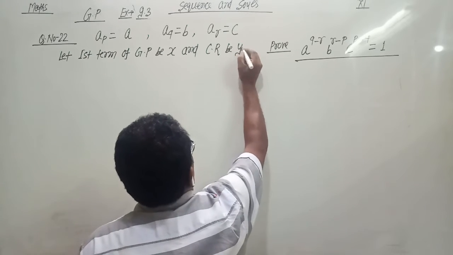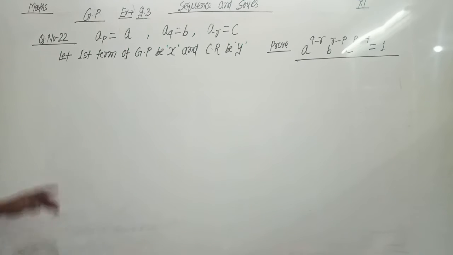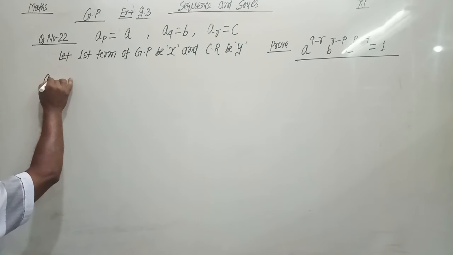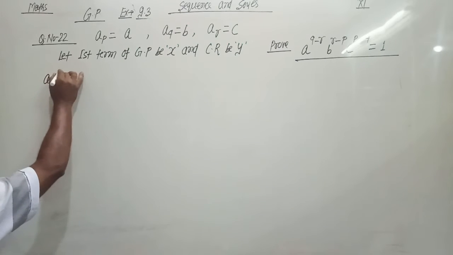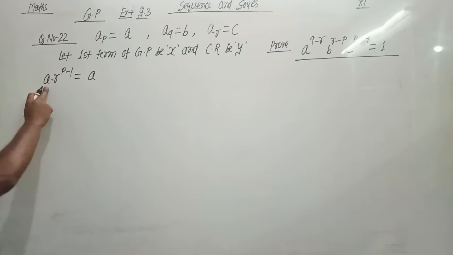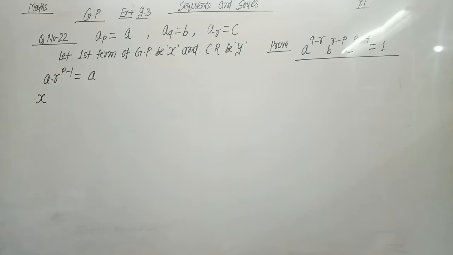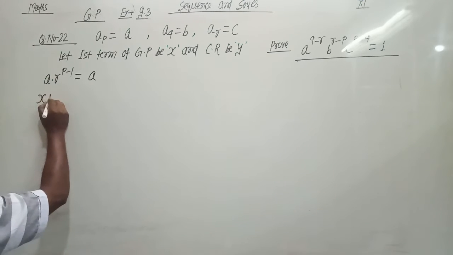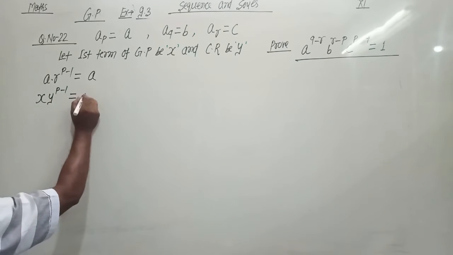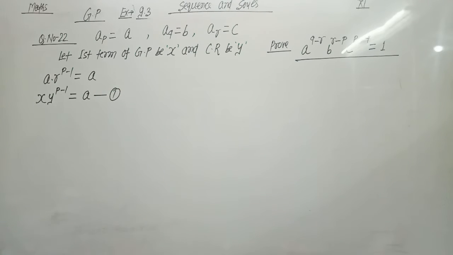Suppose the common ratio be y and the first term be x. So the pth term means a into r raised to the power p − 1 equals a. Here a means first term, we have assumed the first term as x, and the common ratio r we have assumed y. So x into y raised to the power p − 1 equals a. Name it first equation.